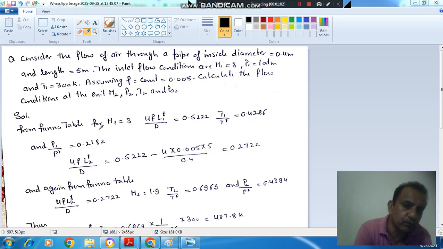So now from the Fanno table, here the initial Mach number is 3, so we can see the various values.